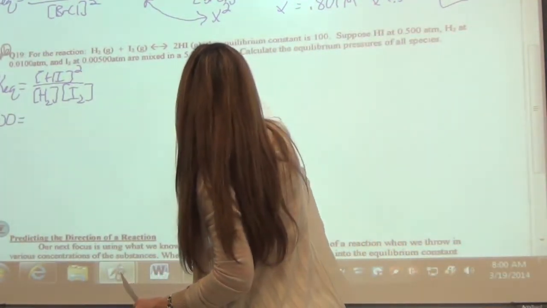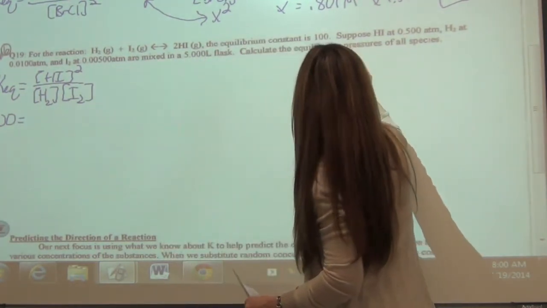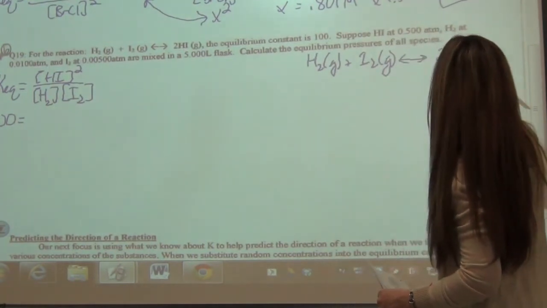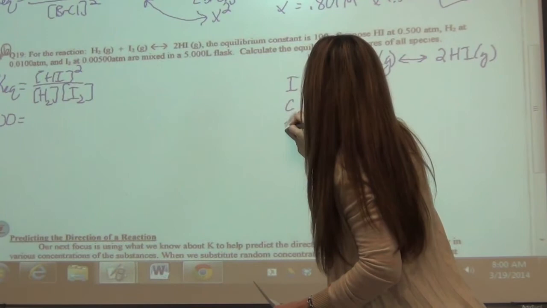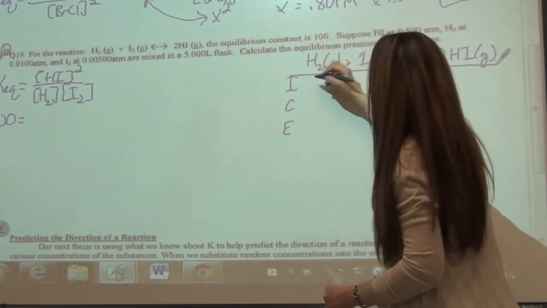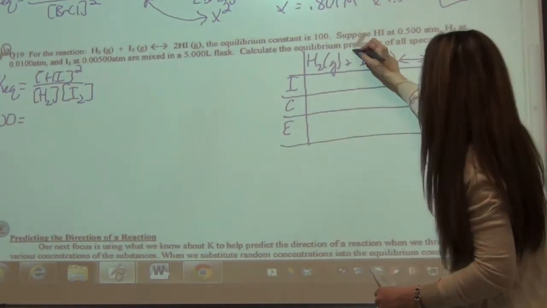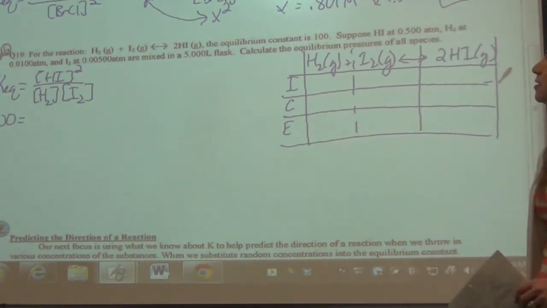So H2 plus I2 yields 2HI, and again, we're going to do our ICE. Dotted line between the reactants, solid line to the products.